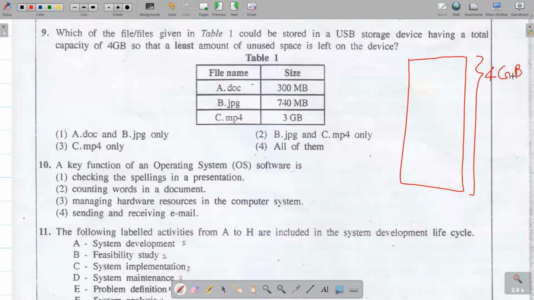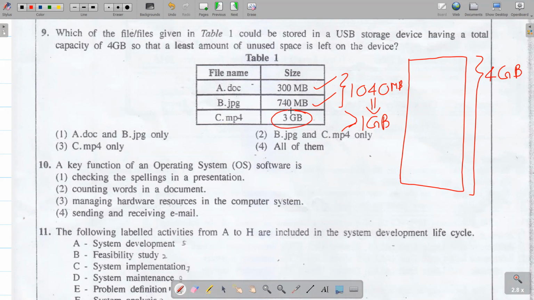So if we put A and B together, that will give us 1040 megabytes, which means it is more than 1 gigabyte. It is larger than 1 gigabyte. So if it is larger than 1 gigabyte, there will be no room for this. Right?